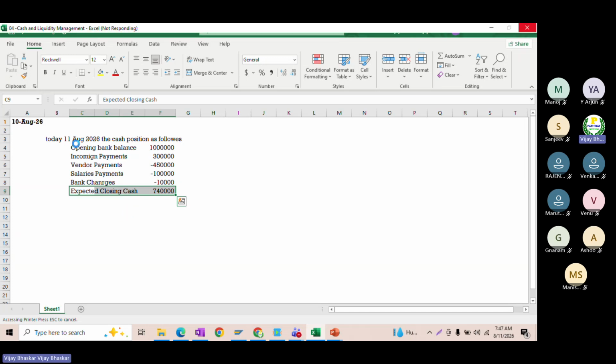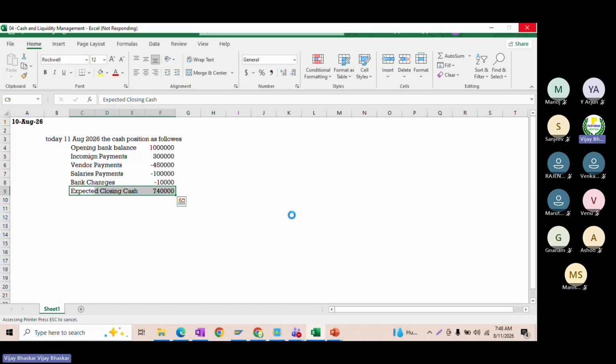Yes, the opening balance and the closing balance, we do understand we can directly go and get the balance from the bank account. So that is true. But second thing is that incoming payments and also vendor payments, salaries payments, bank charges, all this information, how can we get into one place?